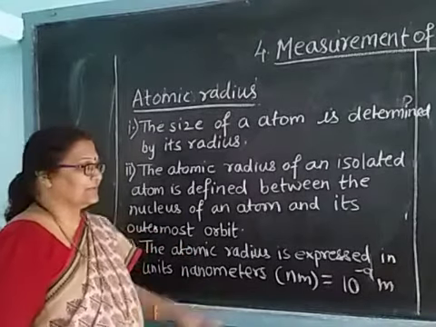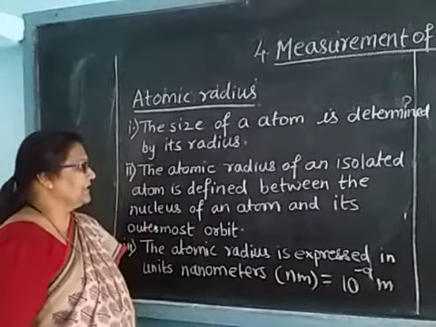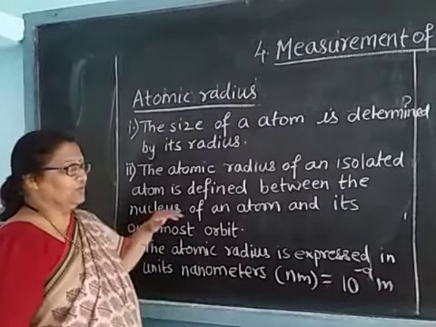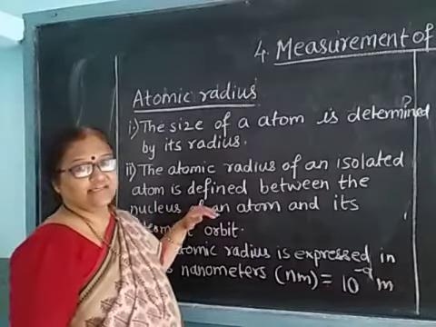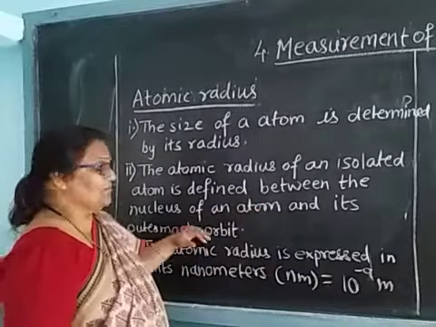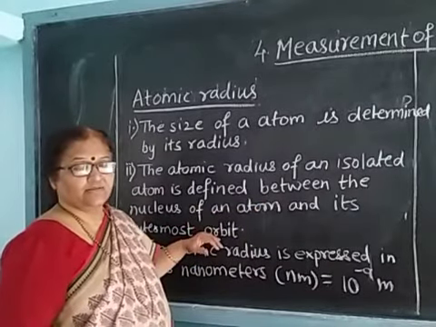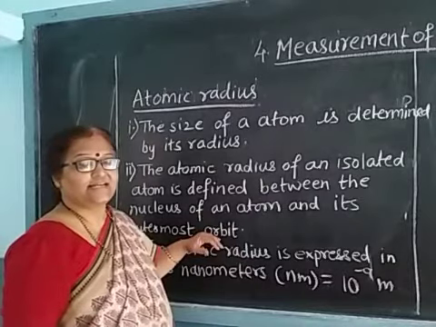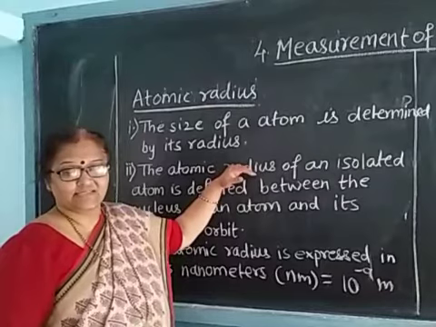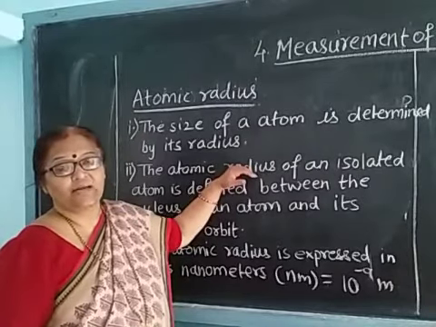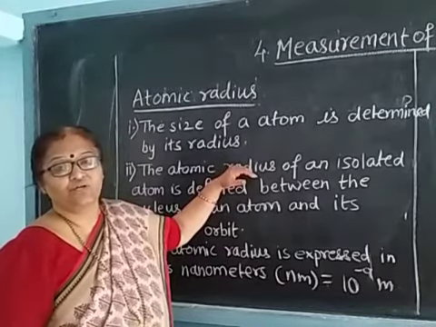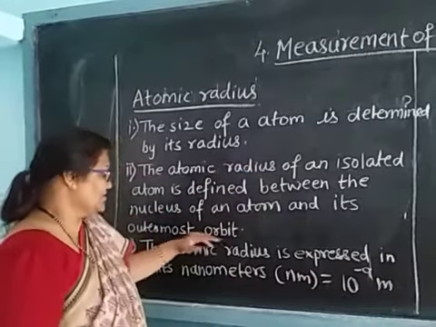Similarly here, the radius can be taken between the nucleus, because we know that the nucleus of an atom is at the center, and its outermost orbit. The distance between the center and the outermost orbit is nothing but the atomic radius. So if we want to determine the atomic radius, we measure from the nucleus to the outermost orbit.